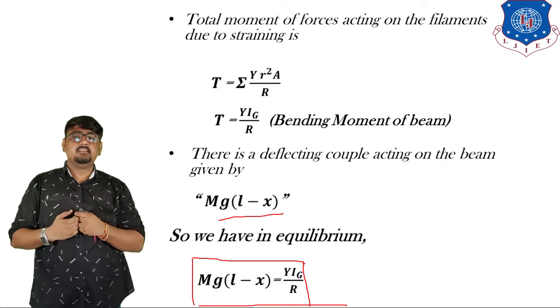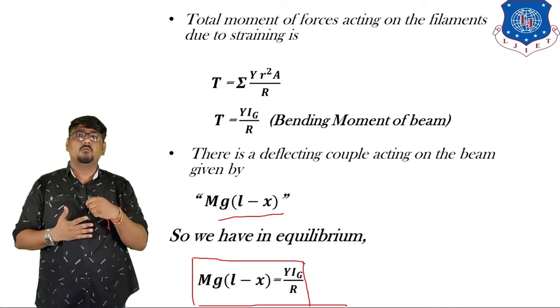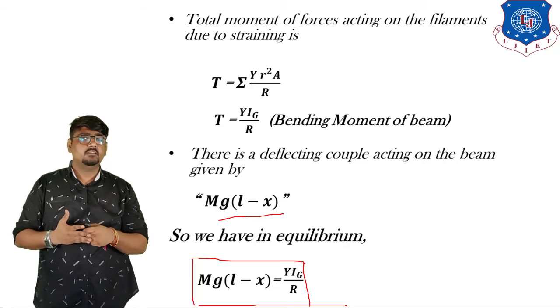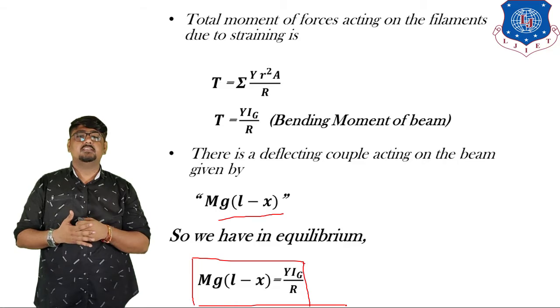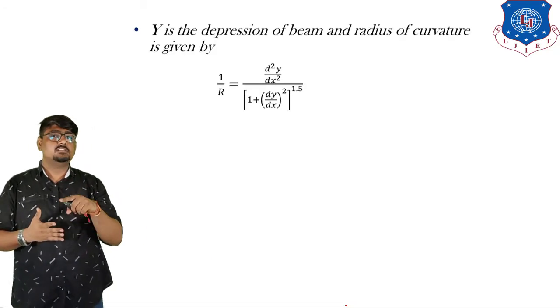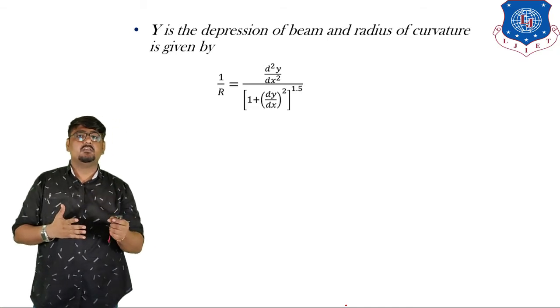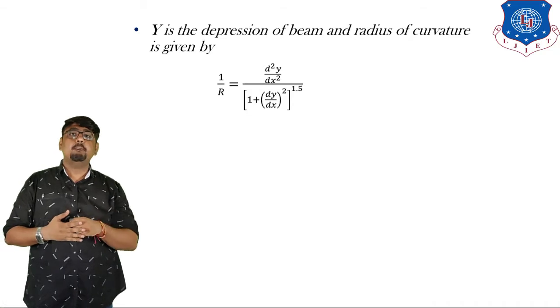So on comparing these two, mg into (L minus x) equals Y upon R into Ig, where y is the depression of the beam and R is the radius of curvature. We must know this equation. This equation is based on calculated data, so this is an empirical relation.